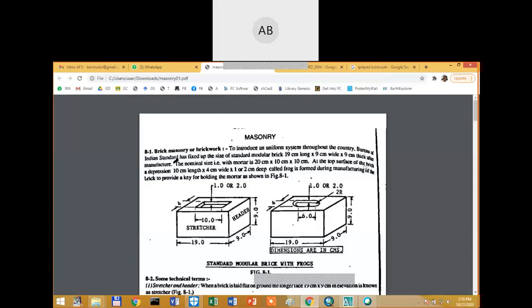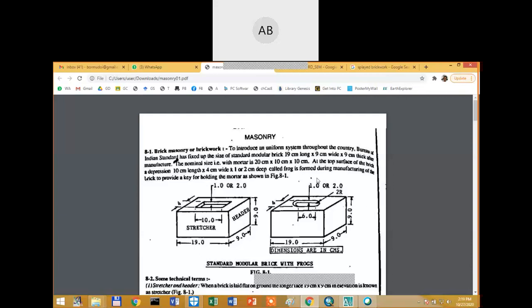It says that on the top surface of the brick, a depression of 10 centimeter length, 4 centimeter wide, and 1 or 2 centimeter deep is called the frog. Which is the frog? In the drawing you see, this is the frog. It has a dimension of 10 centimeter in length, 4 centimeter in width, and 1 or 2 centimeter in depth.